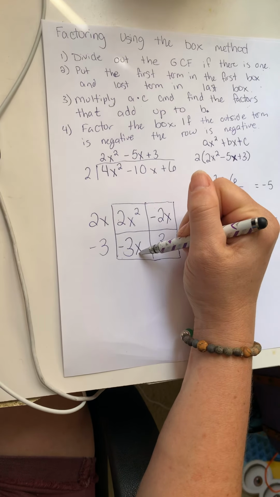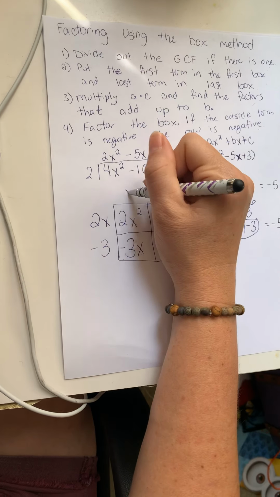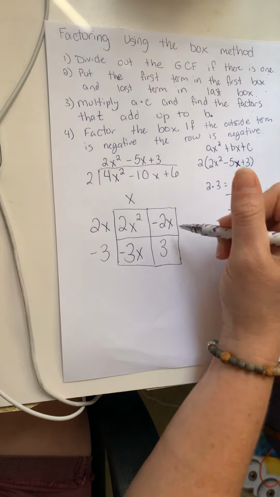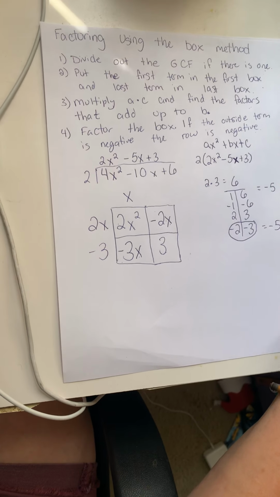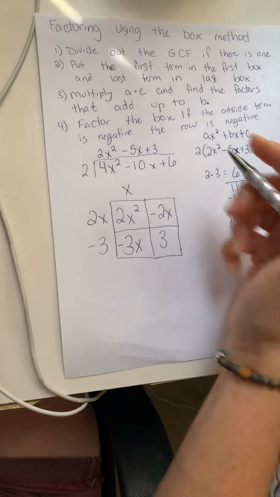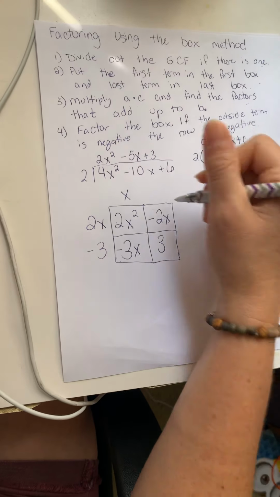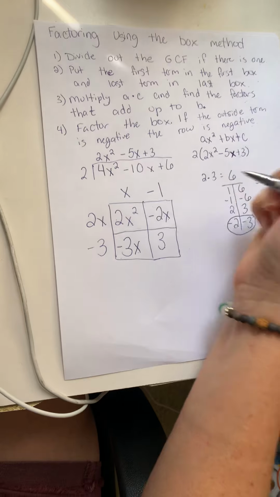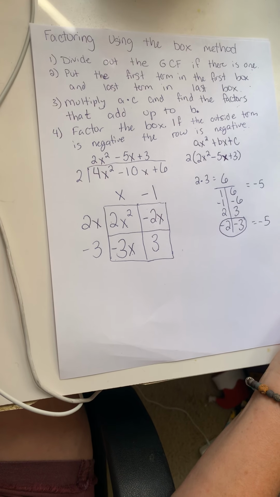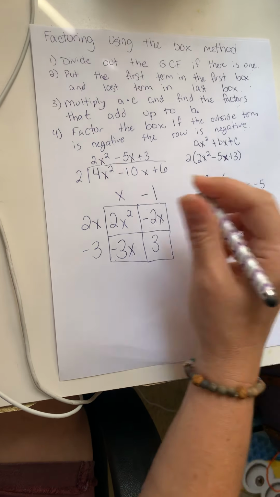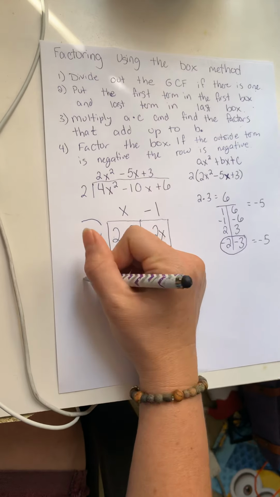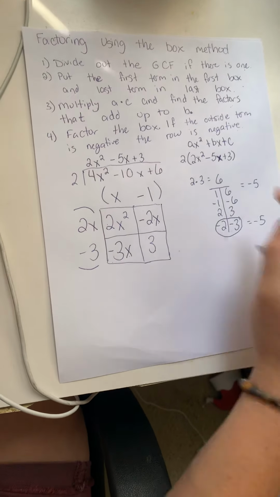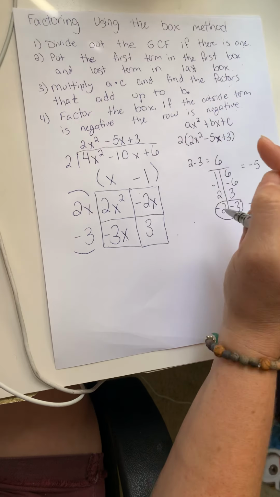2x squared and negative 3x only have x in common. Negative 2x and 3 don't really have anything in common. The only thing you can divide them both by is 1. And again, this is negative. So these are my factors, along with that 2 that we already divided out.